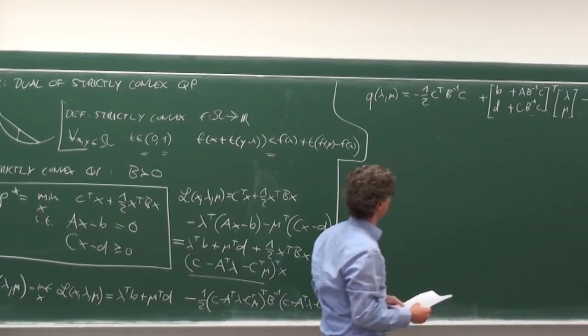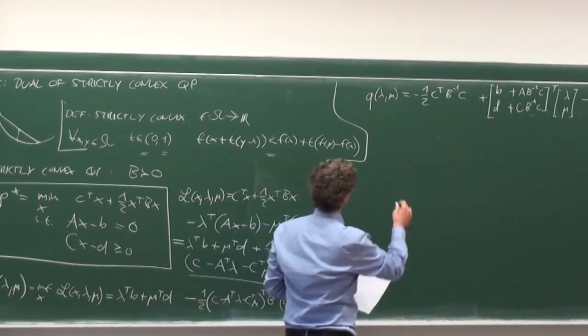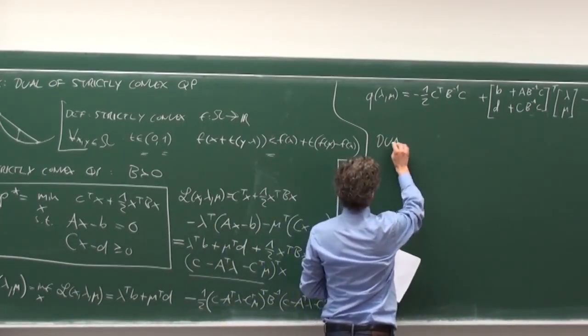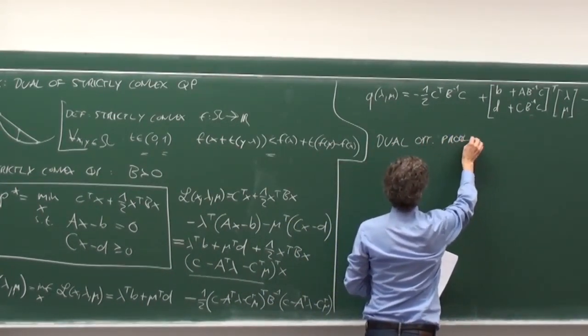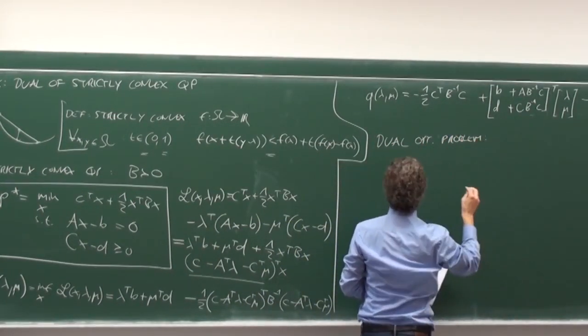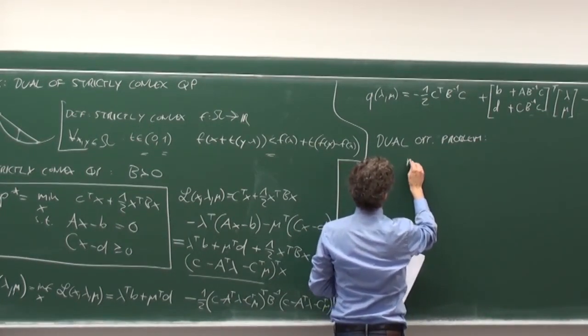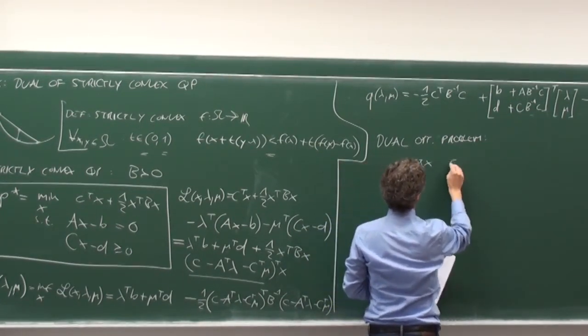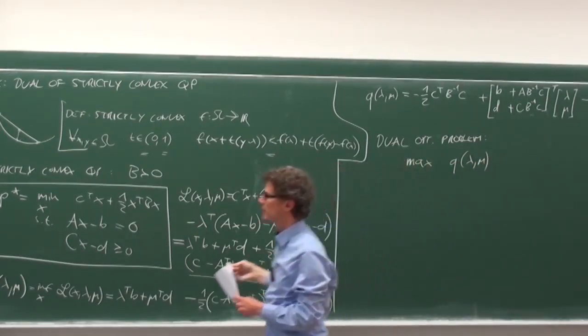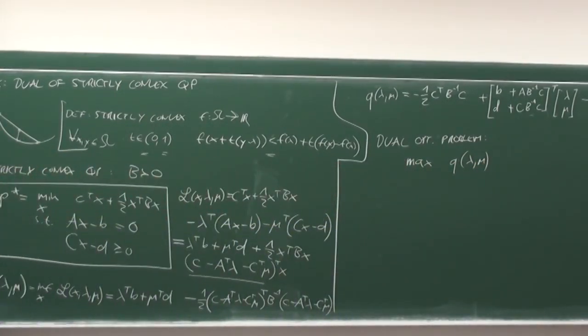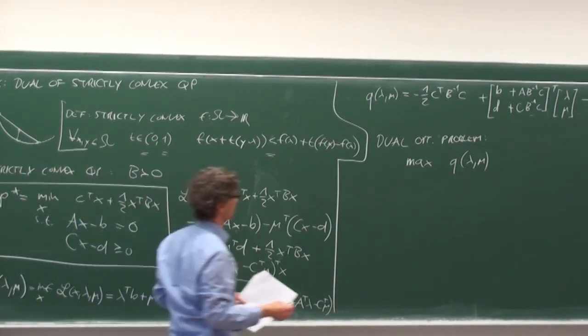And now I have an objective function, and the dual optimization problem will just be, what will be the dual optimization problem? It will be maximizing Q, lambda and mu. Did I say maximizing? Yes, just to be sure.